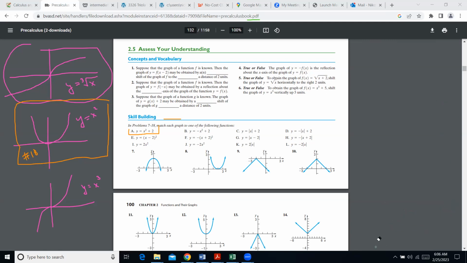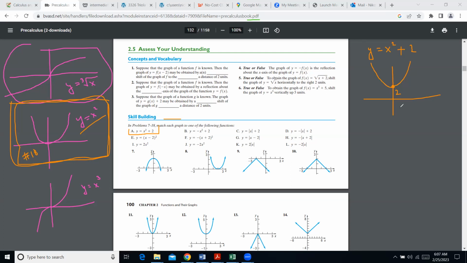So here I'm going to get the equation of a parabola, which is here on the left side, y is equal to x squared, but with one little extra. The number 2 is added to that entire x squared. And this causes my parabola to move up. So the graph of it is probably going to look somehow like that.